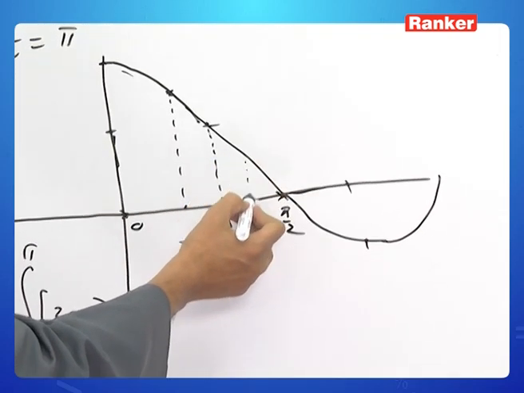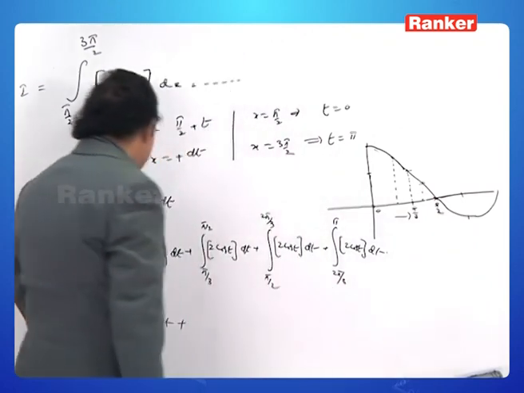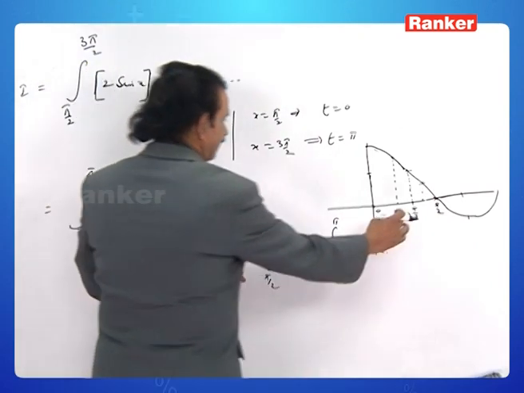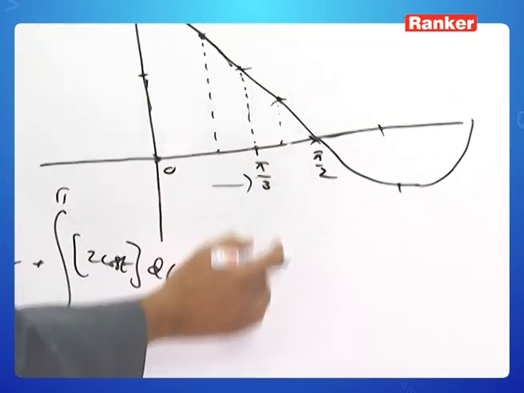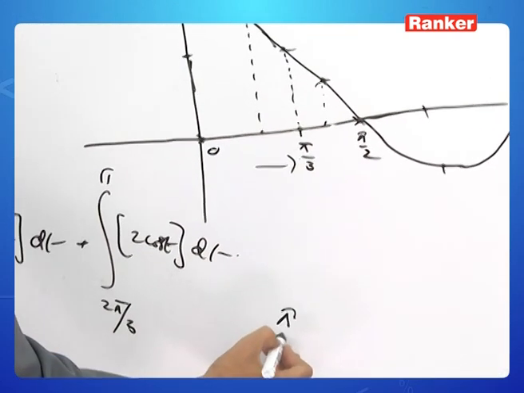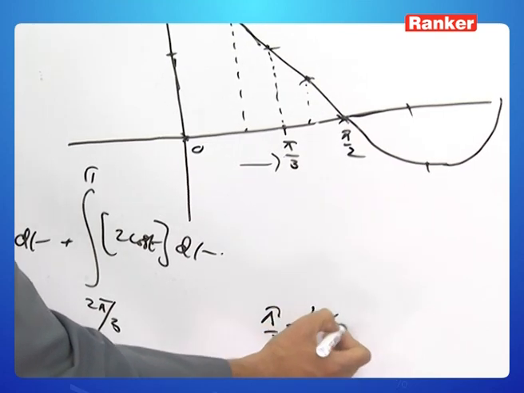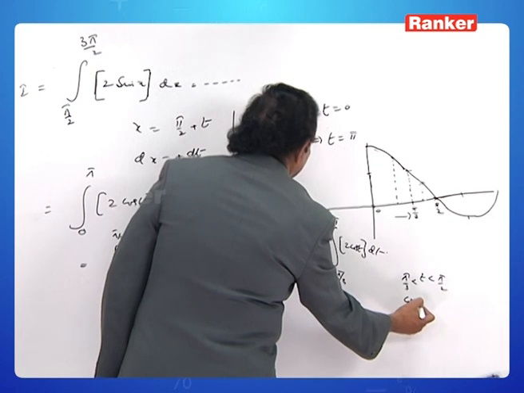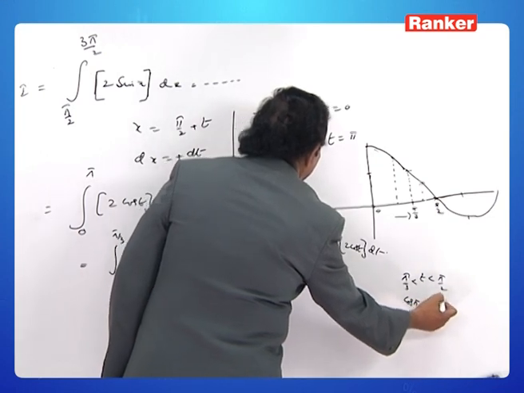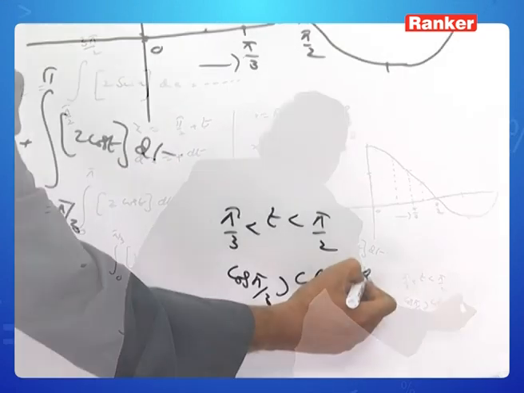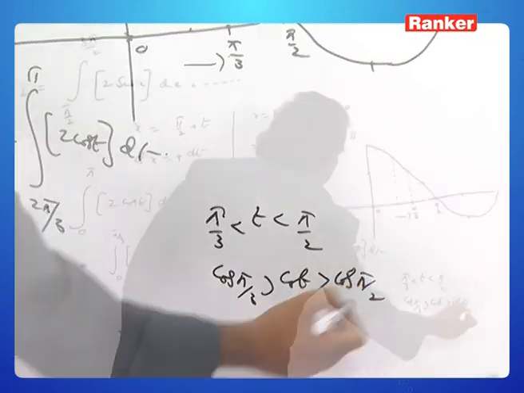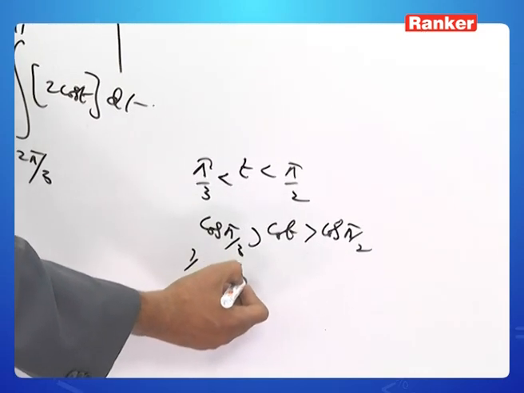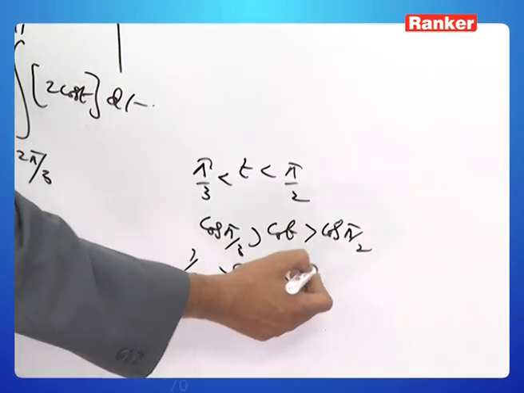Let us understand the position here. t lies between pi by 3 and pi by 2. Then cos pi by 3 is greater than cos t, which is greater than cos pi by 2. That is, half is greater than cos t greater than 0.